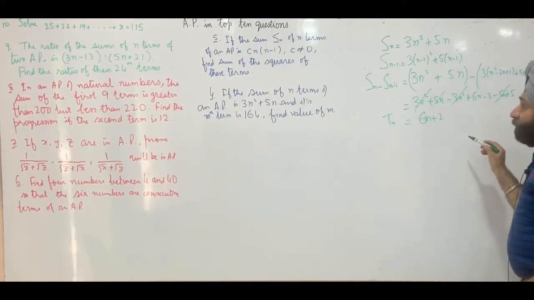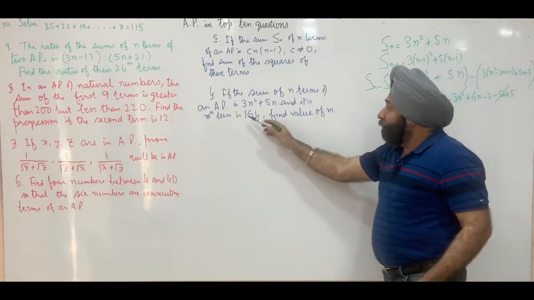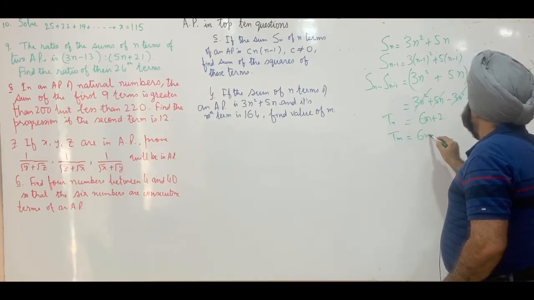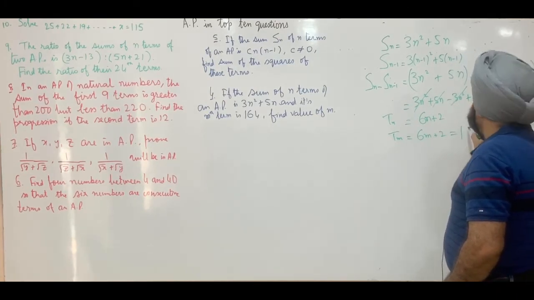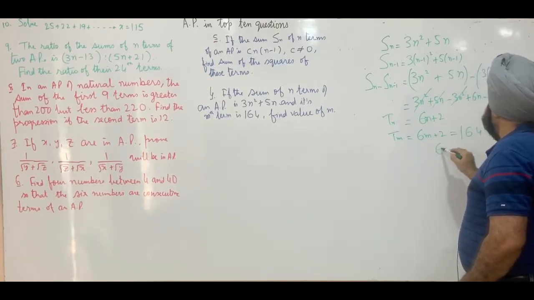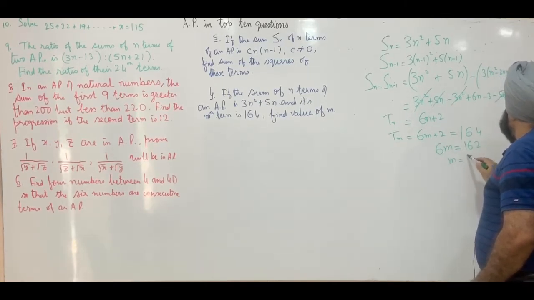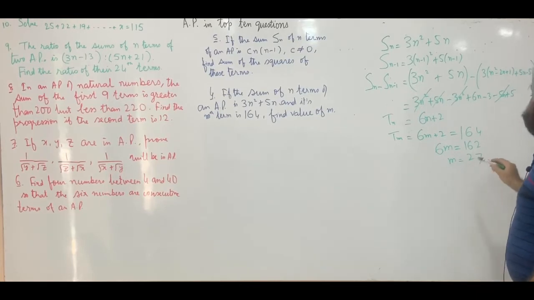Tn is 6n plus 2. We are given mth term is 164, that's Tm is 6m plus 2, and that is equal to 164, or 6m is equal to 162, or m is equal to 27. So this is our answer. Value of m is 27.